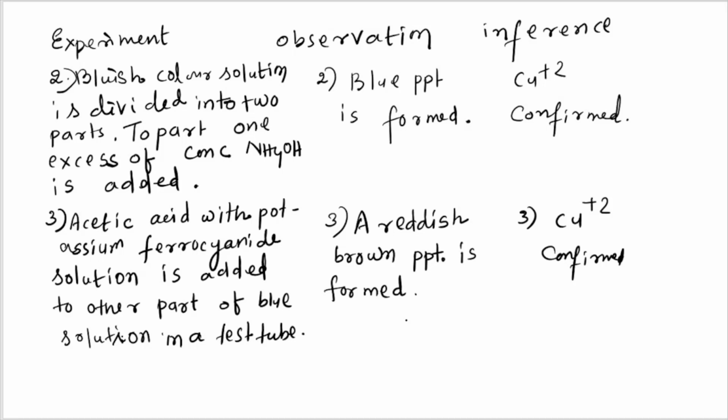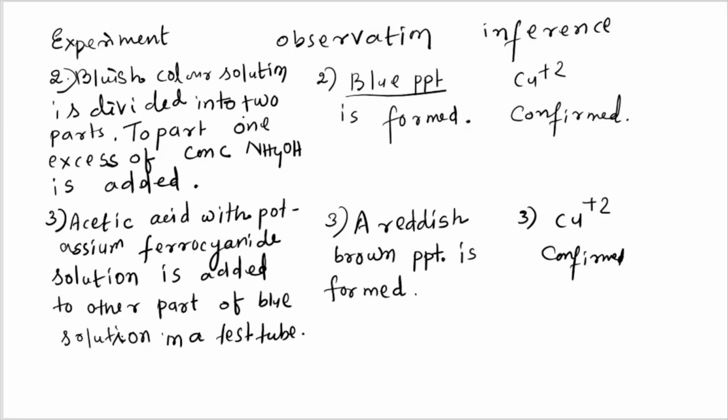To part 1, add excess concentrated ammonium hydroxide, that means copper hydroxide, which is a blue precipitate. That is why you add concentrated ammonium hydroxide here, which gives a blue precipitate and indicates copper +2 confirm. And for acetic acid with potassium ferrocyanide, you take the blue solution divided into two parts.